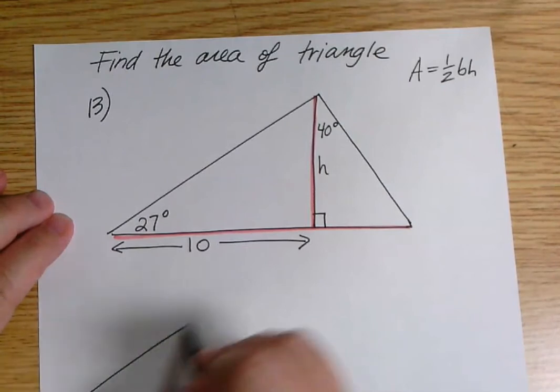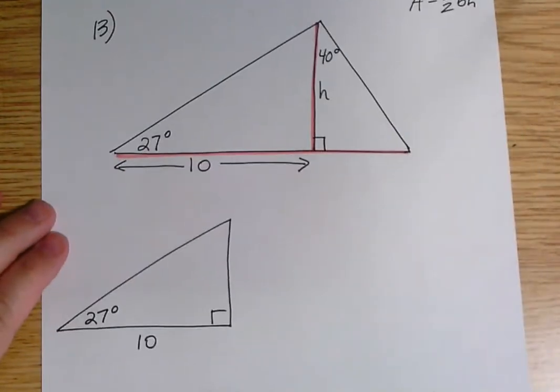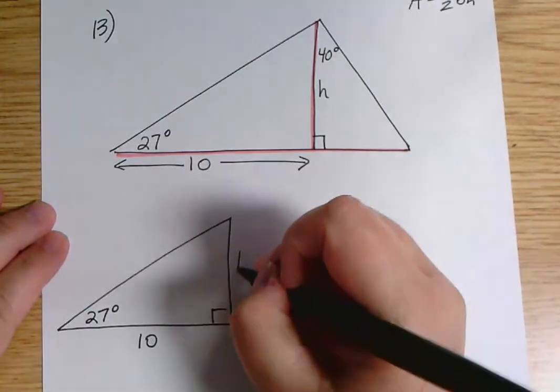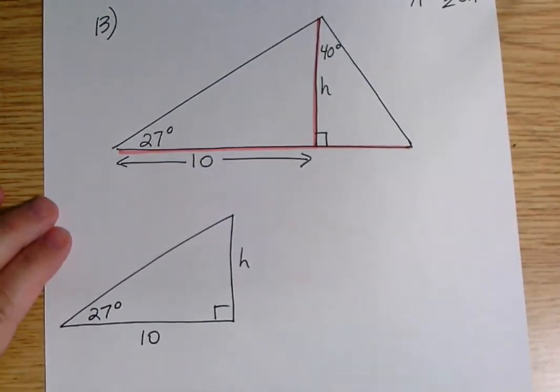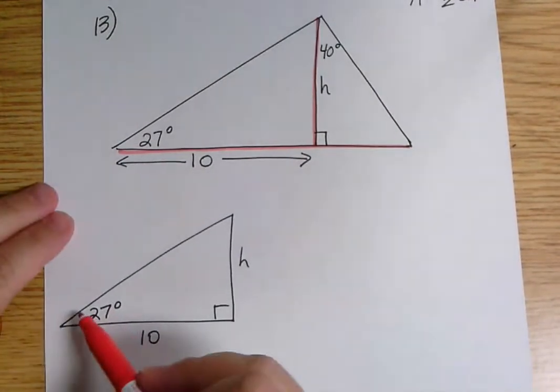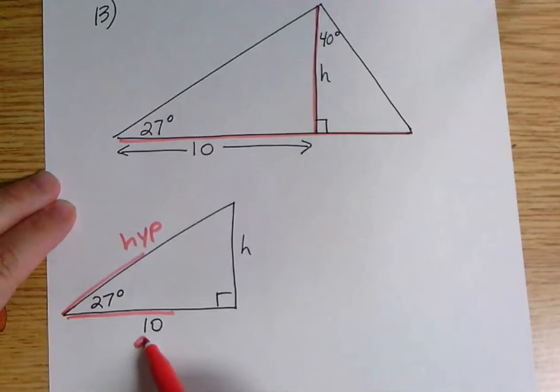So I'm going to think of this first off as two different triangles. Right now I'm going to focus on the one that's on the left. I'm going to see if I can find that height. Looking at the triangle from this angle, here's the hypotenuse, here's the adjacent.